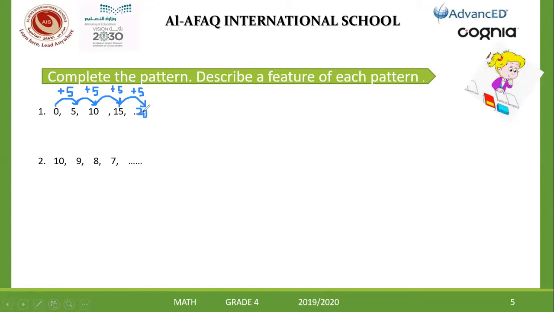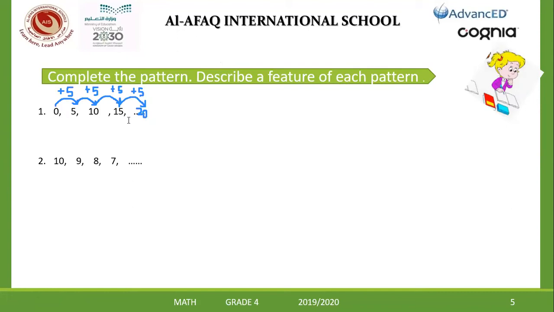It asks me what else: describe a feature of each pattern. I want to describe this pattern. Look at these numbers, 0, 5, 10, 15, 20. All of them are multiples of what? All of these numbers represent the products of the table of 5.